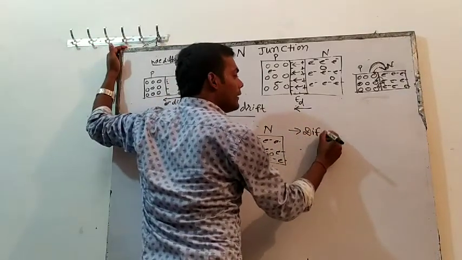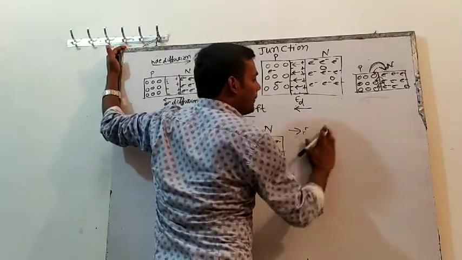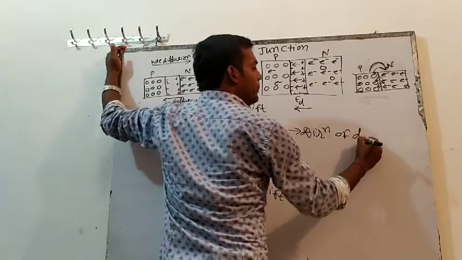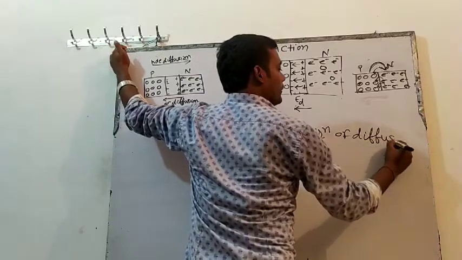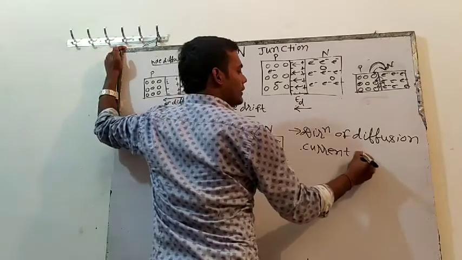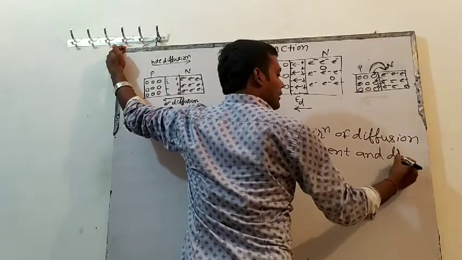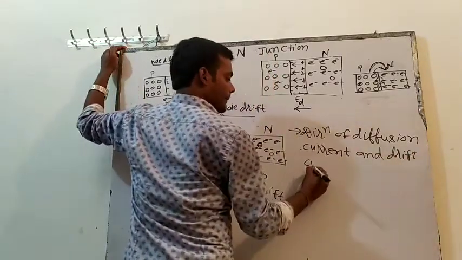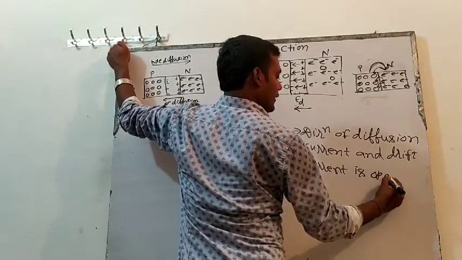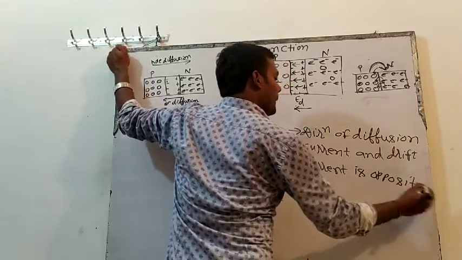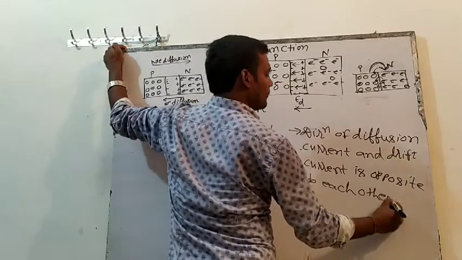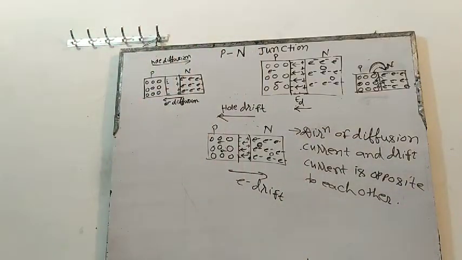So write this statement. Direction of diffusion current and drift current is opposite to each other.